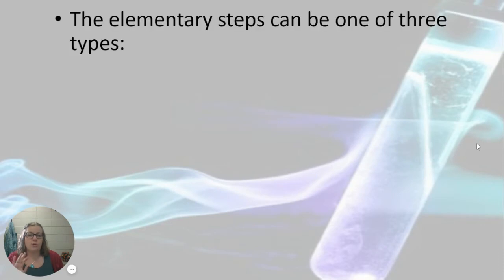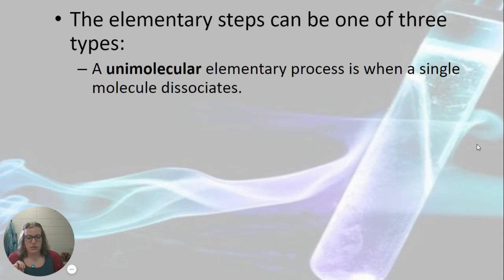Okay, a couple more terms before we get into actual mechanism stuff. Elementary steps get one of three different names. They are either called unimolecular, and unimolecular steps are when you have one molecule, because uni means one, as a reactant that breaks apart into multiple things.